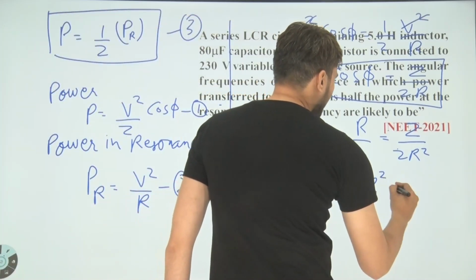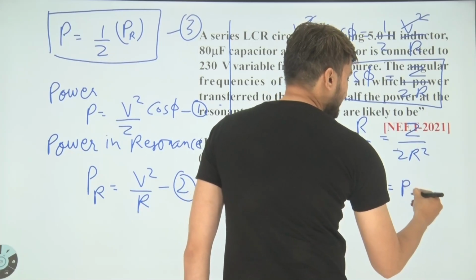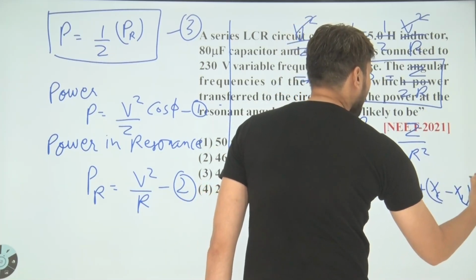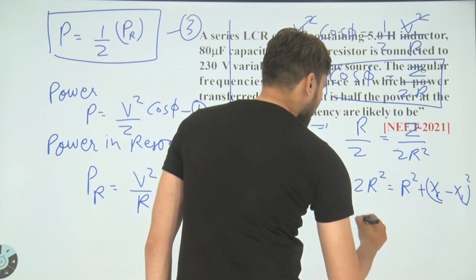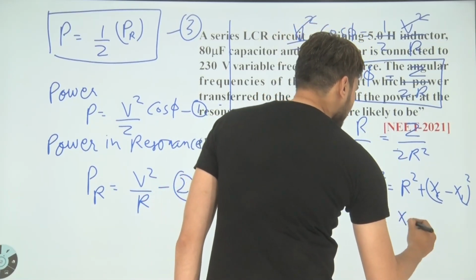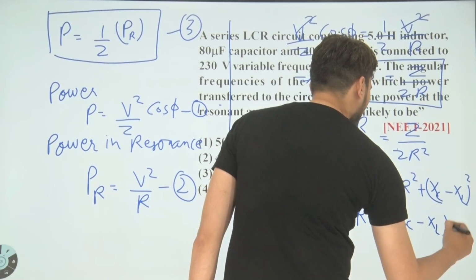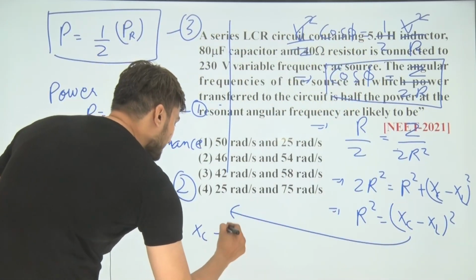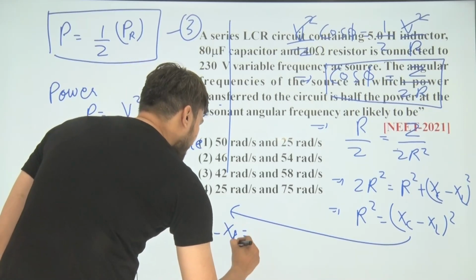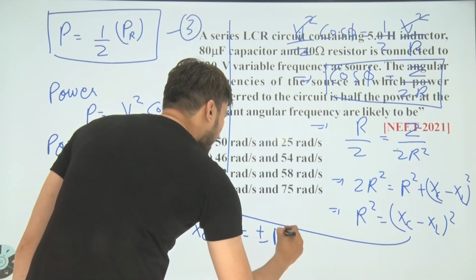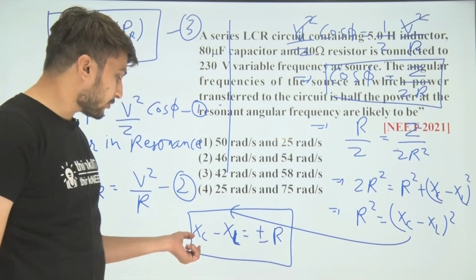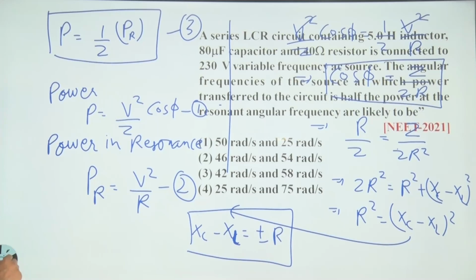So 2R square is equal to Z square, and the value of Z square is R square plus XC minus XL whole square. Now this comes as R square is equal to XC minus XL whole square. So we can say XC minus XL is plus minus R. Now we put the values of XC and XL.